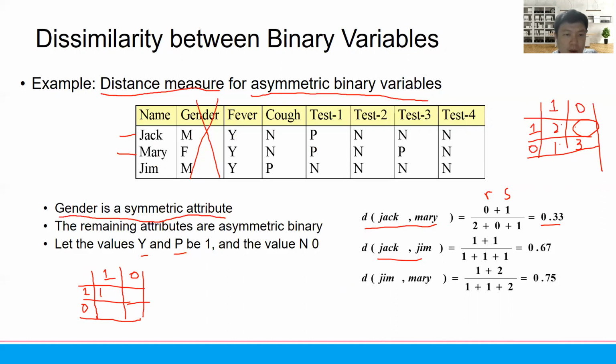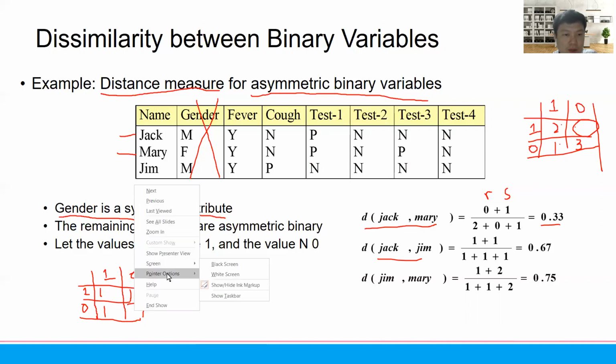And then Y, N and P, so 0 and 1, we have 1. And then we have P and N. P is 1 and N is 0, so we have 1. And we have N and N, so we have 1. At the end, we have this one as 3 and the others are 1.